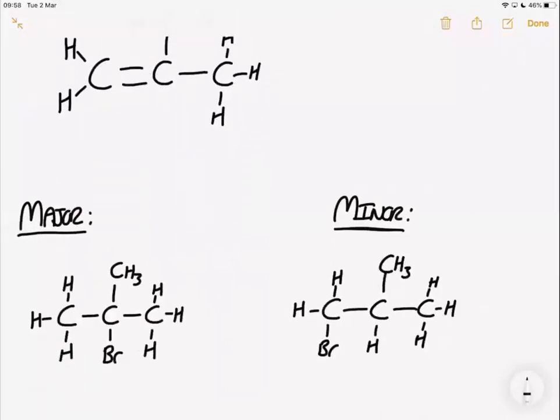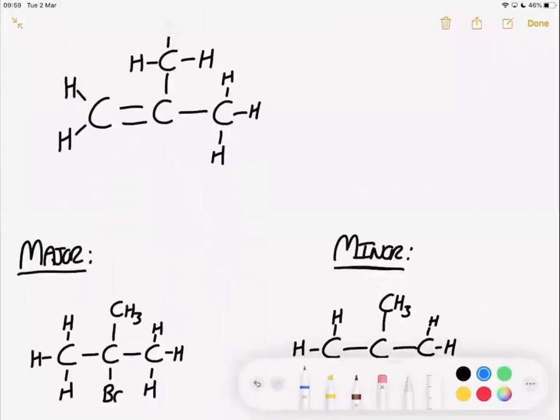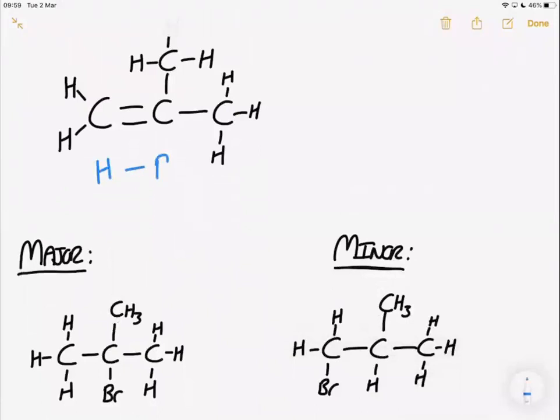So, assuming that we're sticking with my structure, we could either add our hydrogen here, or our bromine there, the bromide ion, or we could do it in reverse order, right? That's the outcome we've got.